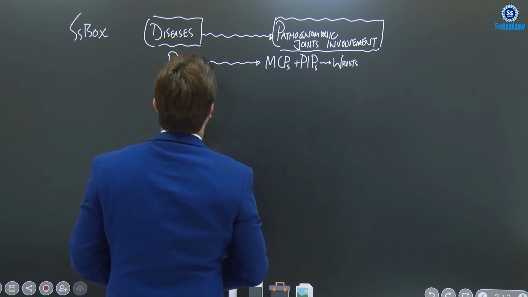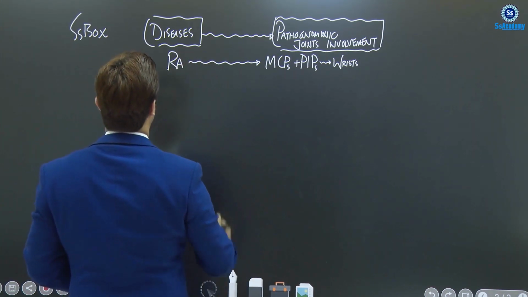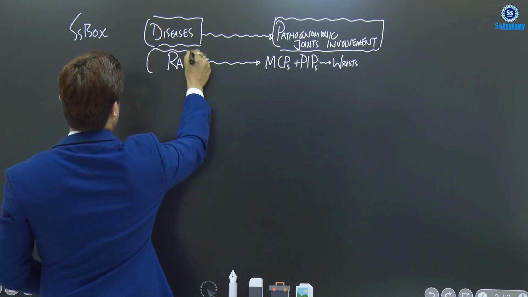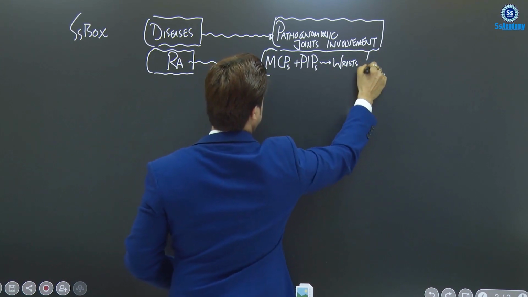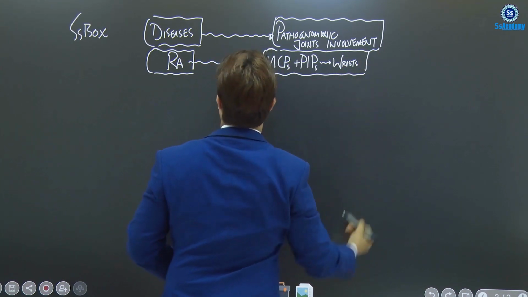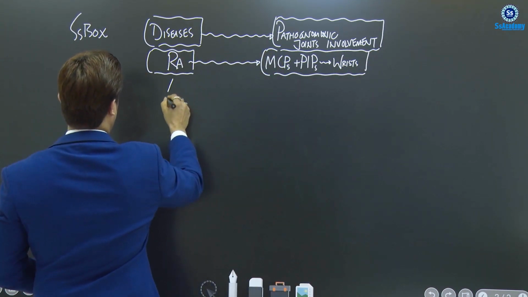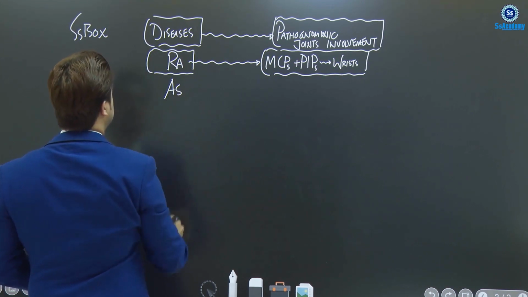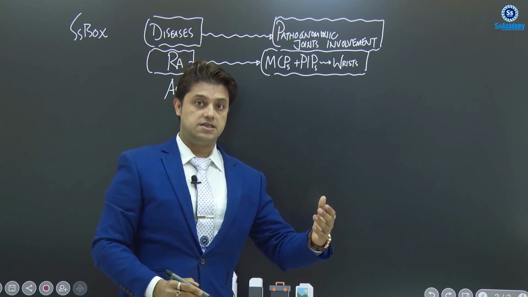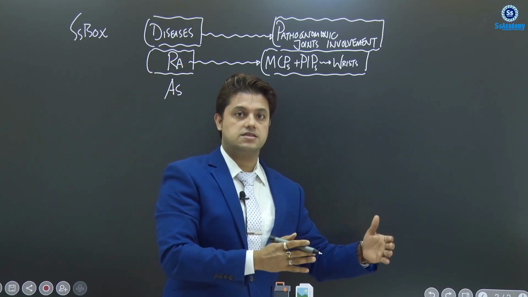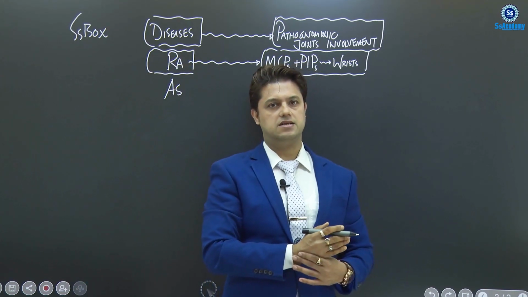Now we would love to write down another disease. Next one is ankylosing spondylitis. In contrast to rheumatoid arthritis, a seropositive disease, ankylosing spondylitis is a seronegative disease, my dear.